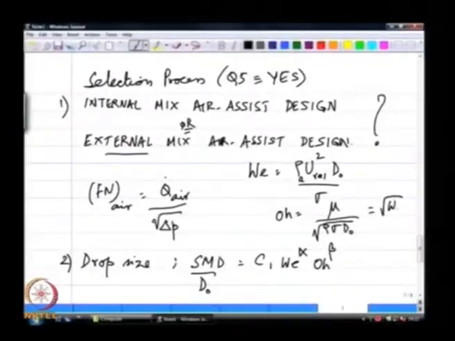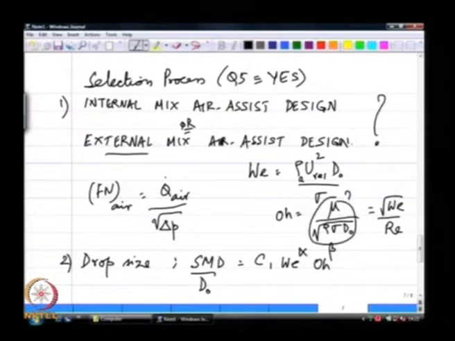Another way of thinking of this is essentially the square root of the Weber number divided by the Reynolds number. Okay, this is an easier way to remember this. The Reynolds number is also defined based on rho u relative d0 divided by mu.